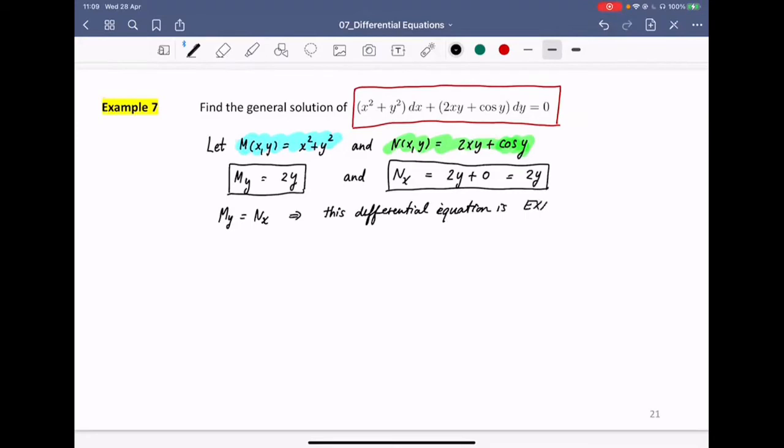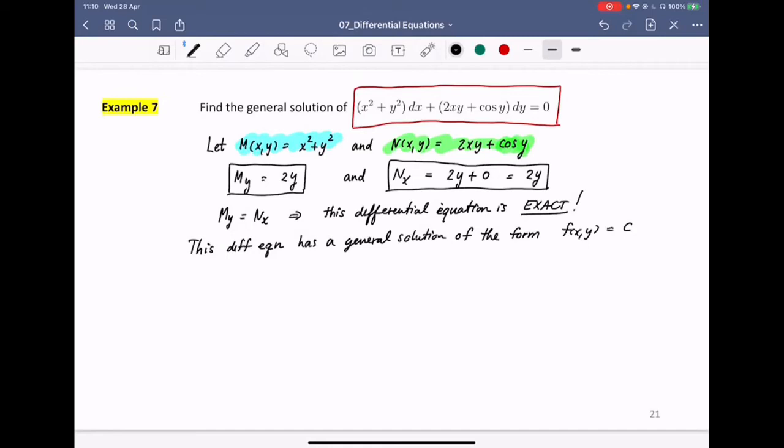Okay, good. So once you know that this differential equation is exact, it has a general solution of the form f(x,y) equal to c.